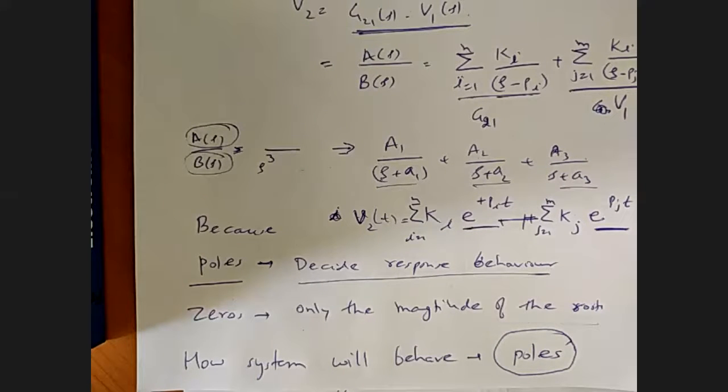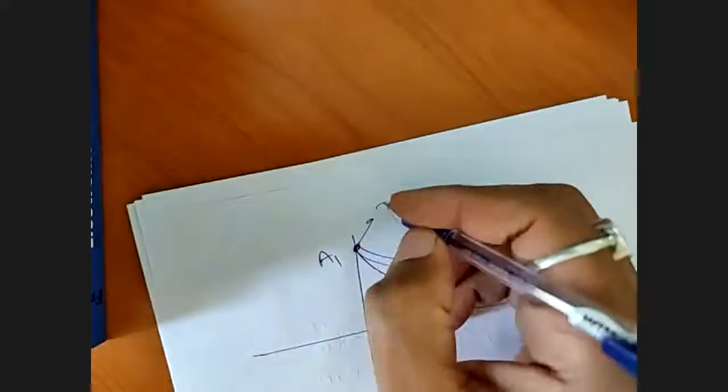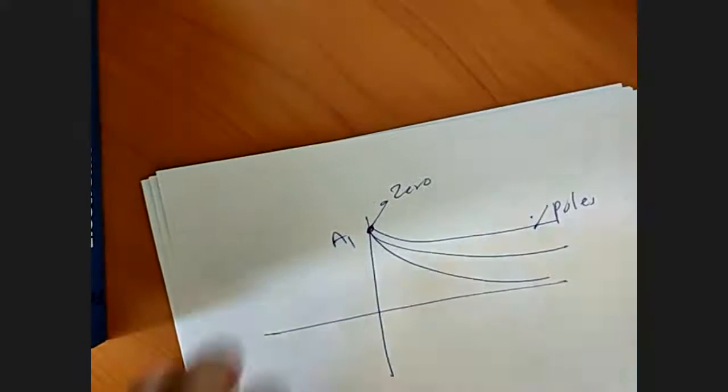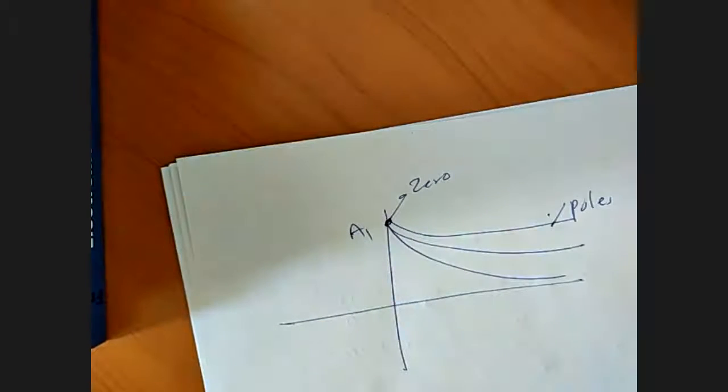Zeros are only deciding the magnitude, how your system magnitude will change, but poles will be deciding the behavior. Like a simple example, the system will behave like this, like this, like this. It will be decided by poles, and this is decided by zeros, because magnitude is decided by zeros and behavior is decided by the poles.